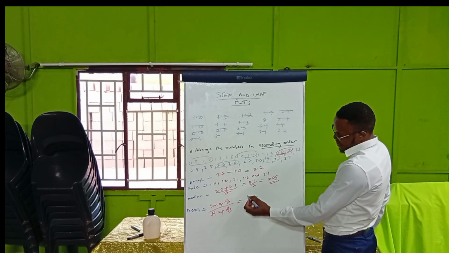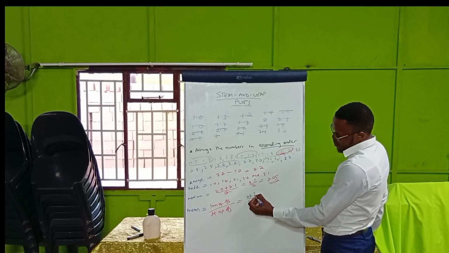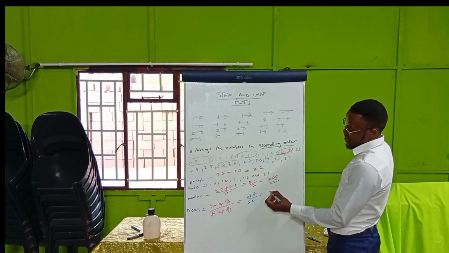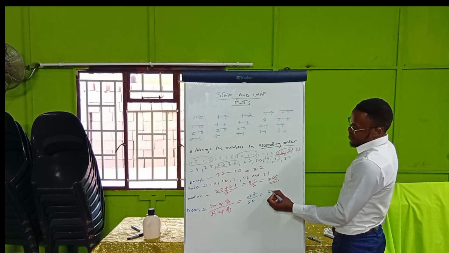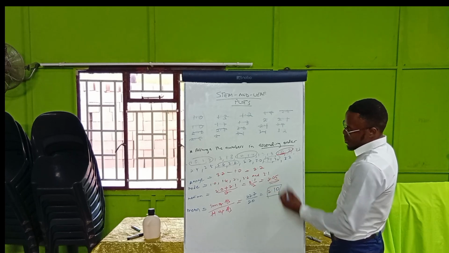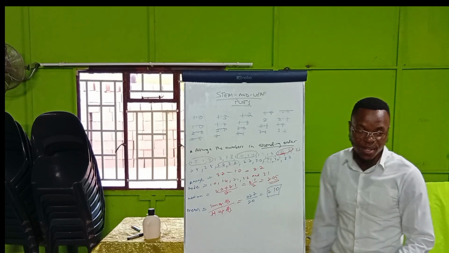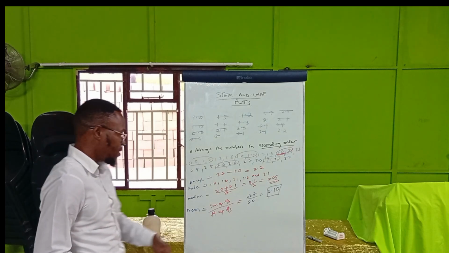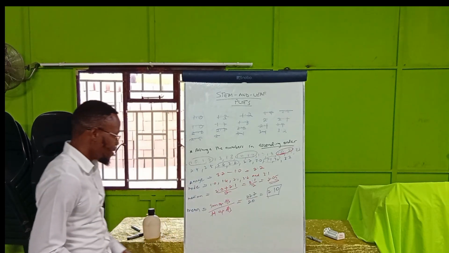The sum is 42.2, and 42.2 divided by 20 is 2.1. Yes, 2.10. So this number is quite close to the median, so it is the correct value. So that's how you check if your answer is correct: if the mean is closer to the median.